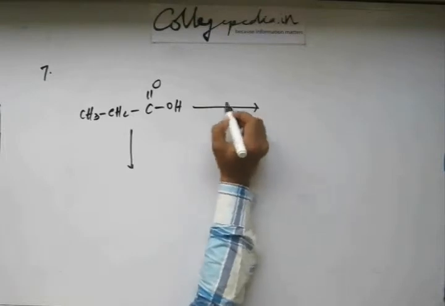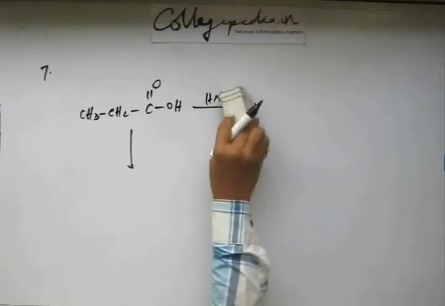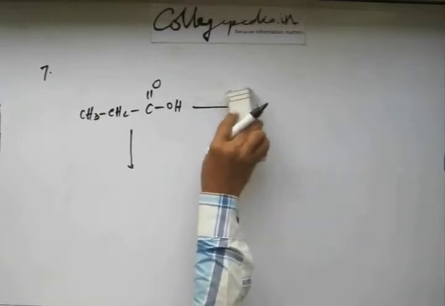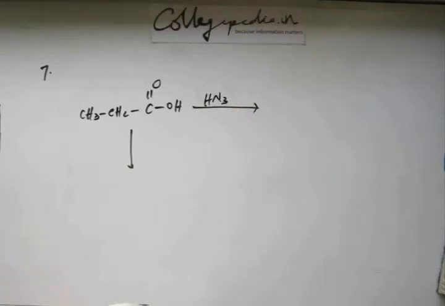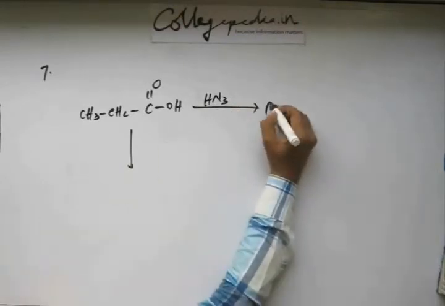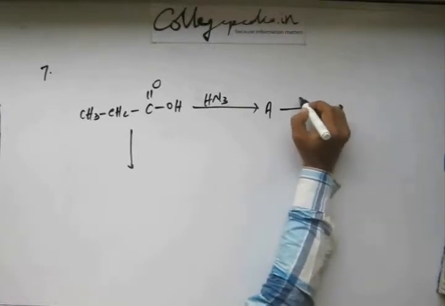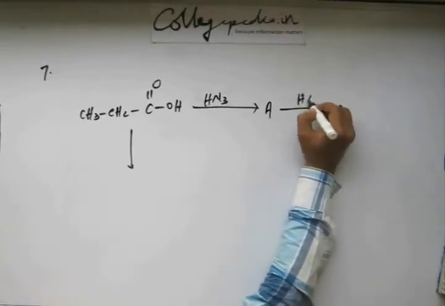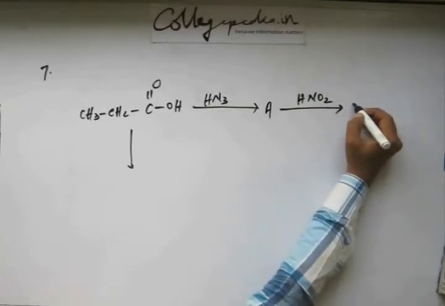Suppose first I add hydrazoic acid. Remember hydrazoic acid? In which reaction did we study this hydrazoic acid? HN3. By the time I complete this conversion, you should be able to remember which reaction had this reagent, hydrazoic acid. On A, I'm adding HNO2, I'm getting B.